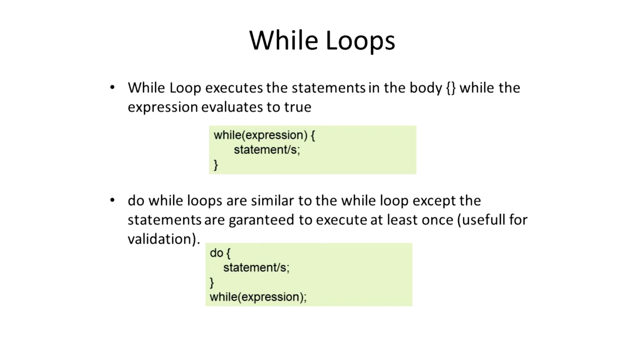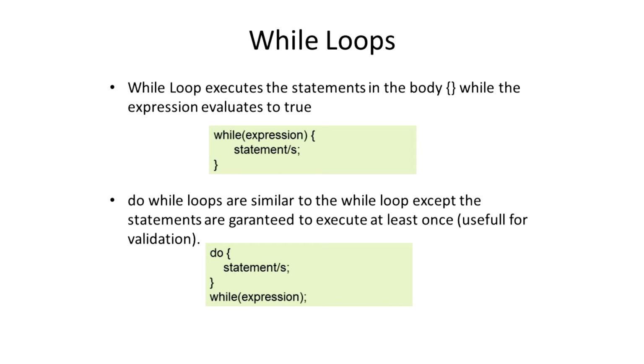But a do while loop, as you probably remember, has that comparison, the evaluation, take place after the body of the loop. If you cast your eye to the second green box, you'll notice that the do while loop starts with the keyword do and then opens the braces without checking the comparison, without evaluating an expression.